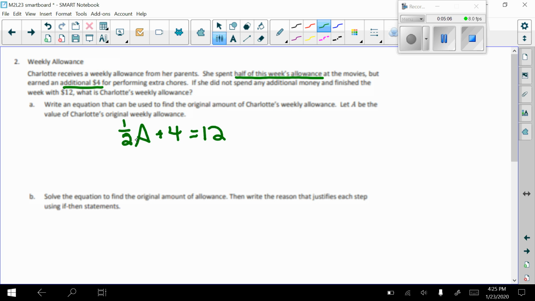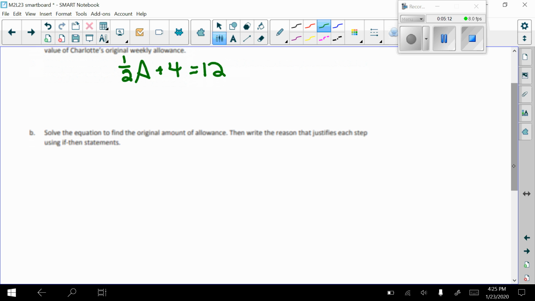So half of her allowance and $4 is $12. So now we're going to solve the equation to find the original amount of the allowance before she went to the movies and spent some. And we're going to get rid of that. So 1/2 A plus 4 equals 12.